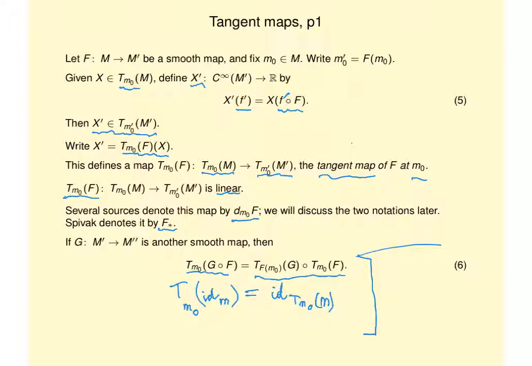But the tangent map is indeed a functor from smooth manifolds and smooth maps to, in this case, vector spaces and linear maps. And it's really the simplest one, the first genuine example of an interesting functor that most people meet.